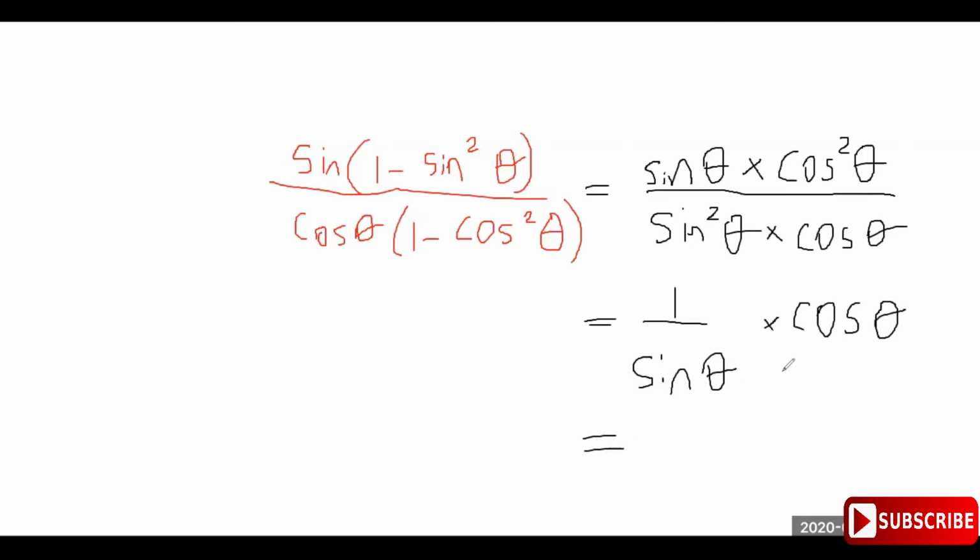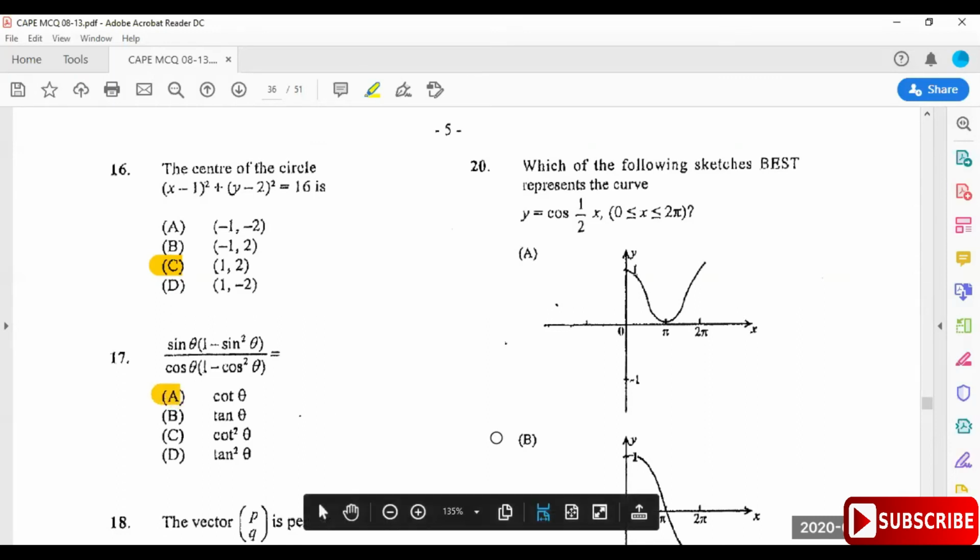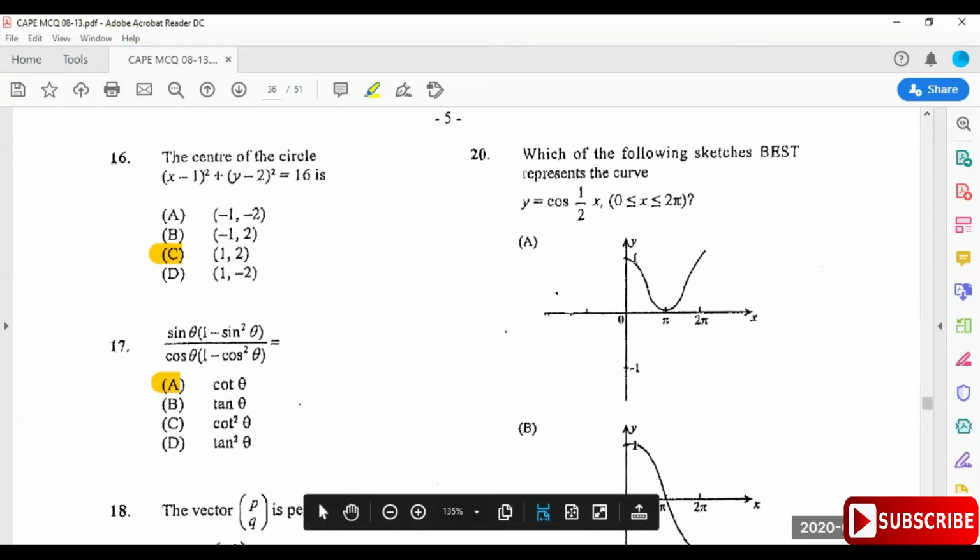And so we get cos theta over sine theta, which is cotangent theta. Yes, Errol, you're right. Errol said it first.